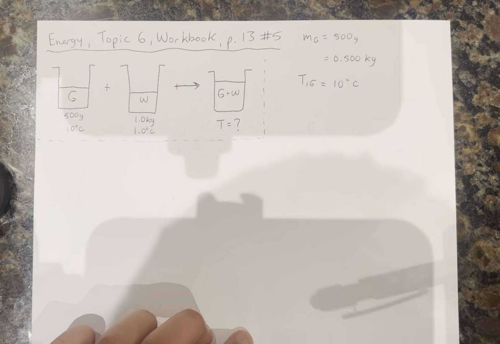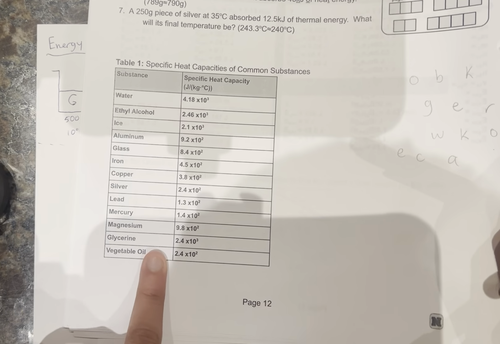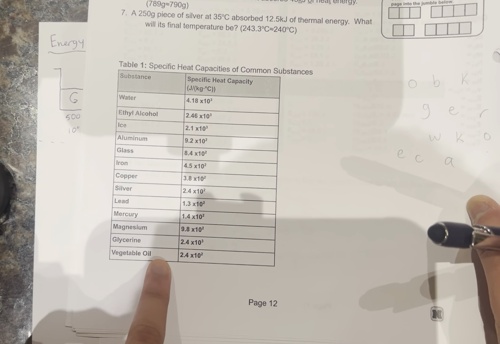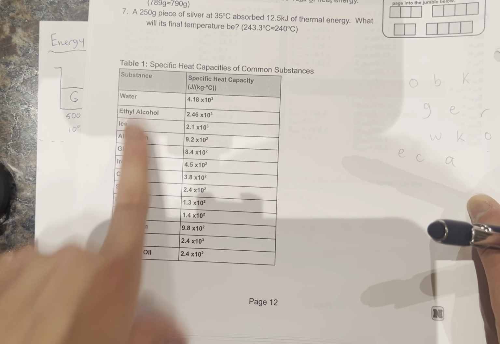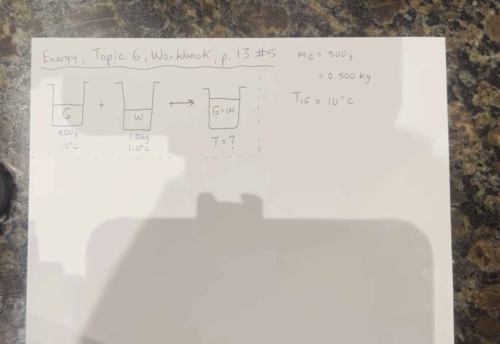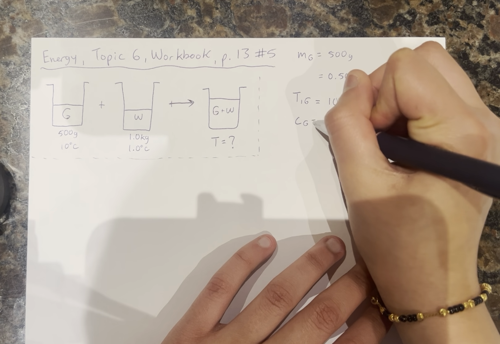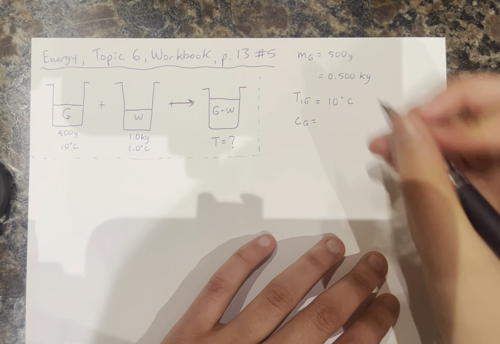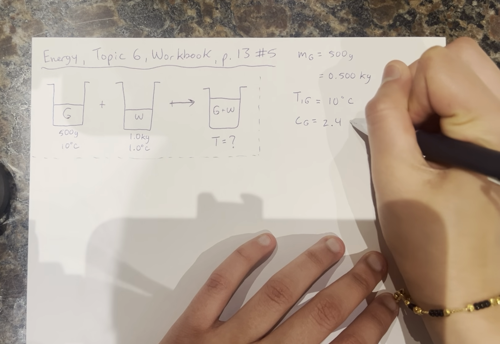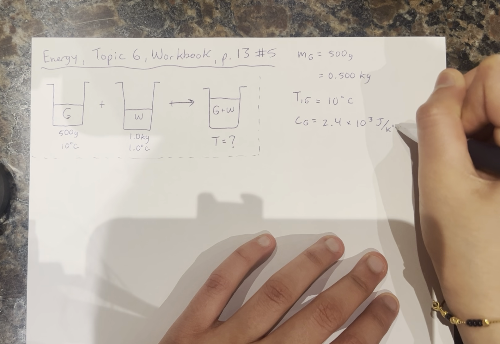Actually, the heat capacity can be found on page 12 of the workbook, and these are all the heat capacities you need. This is where I found all my heat capacity values from. According to the table, the heat capacity of glycerin is 2.4 times 10 to the 3 joules per kilogram degrees Celsius.